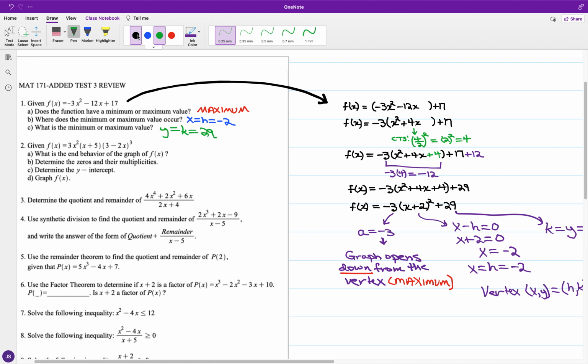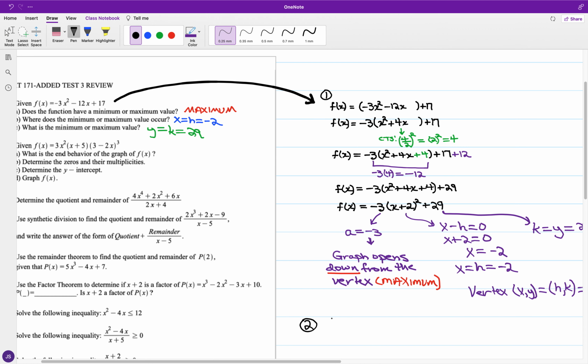For starters, we have a given function that is in factored form, in this particular layout: f of x is equal to 3x squared, times the quantity x plus 5, times the quantity 3 minus 2x, which is raised to the third.